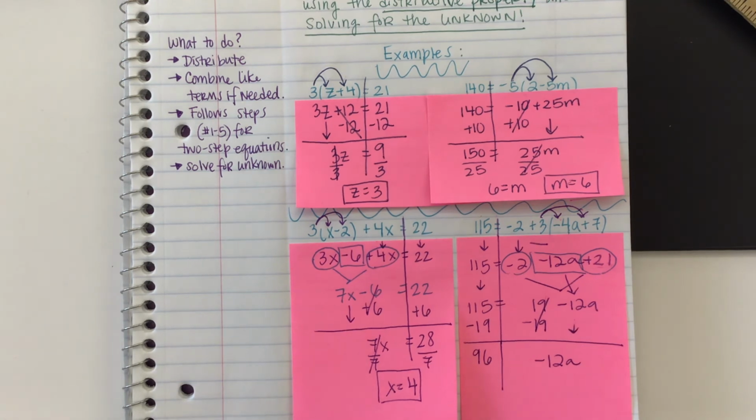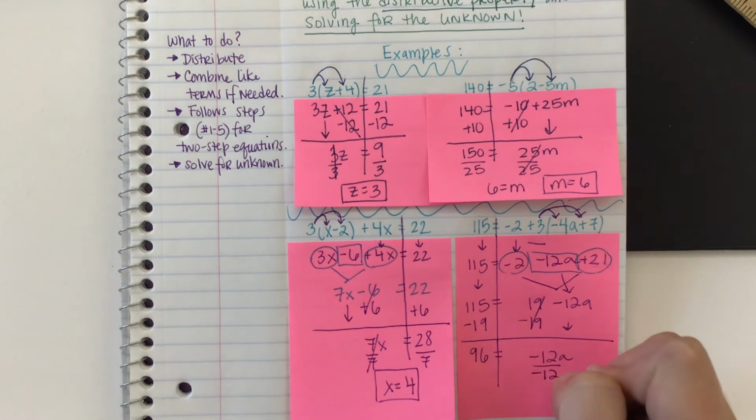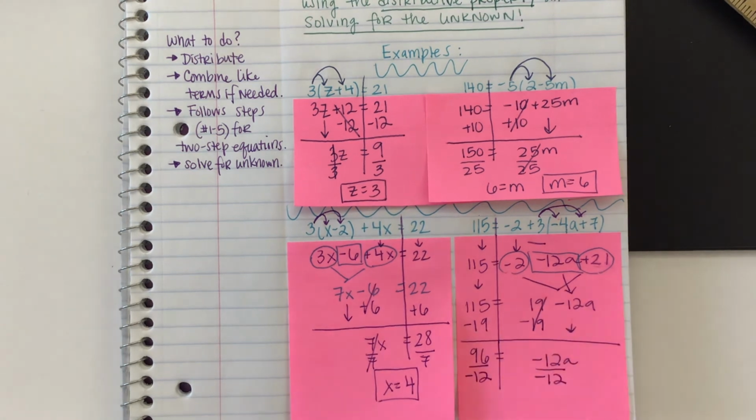Even I forget. So just be very diligent, be very observant. Observe the problem, okay, so that you do not forget your negatives. So we have 96 is equal to -12a. The last step is normally to divide to get rid of that number, but whatever you do to one side, you must do the same thing to the other.